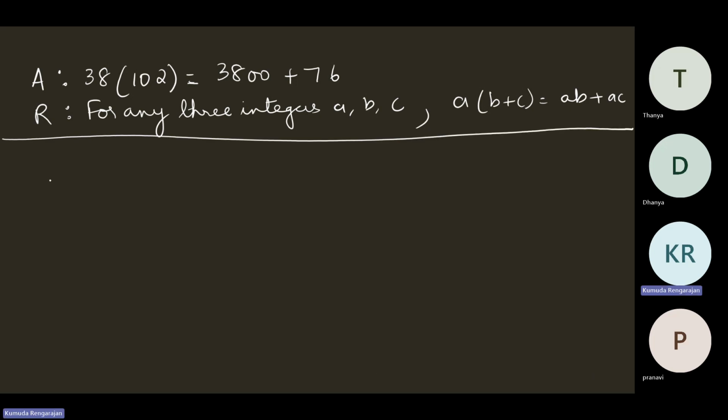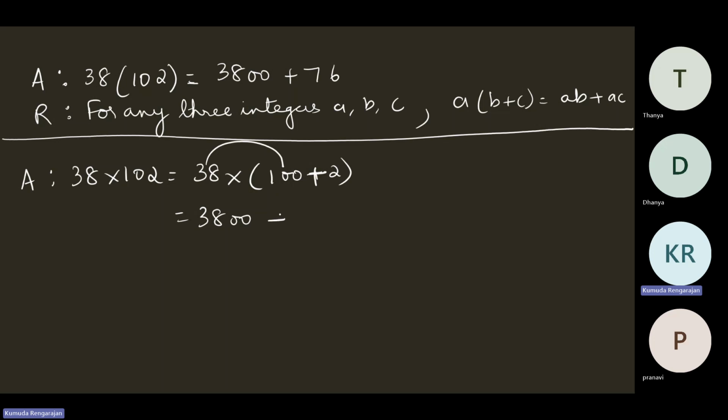Now let's work on the assertion. What is given in assertion? 38 into 102. Using the distributive property of multiplication over addition, we'll write 102 as 100 plus 2, correct? And then 38 into 100, 3800, plus 38 into 2, 76.